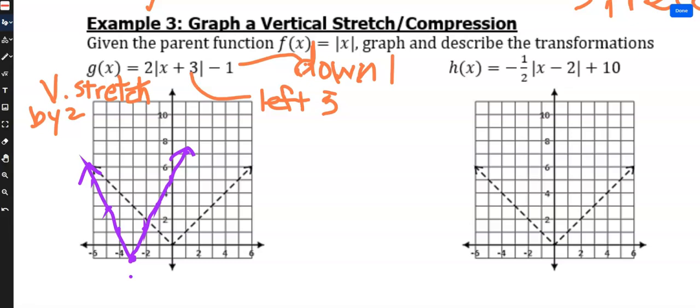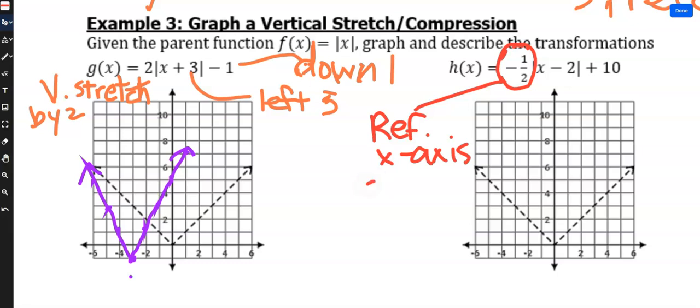On the next one over. Phew, what do we got going on here? So 2 things right here. It's a negative, right? So that's a reflection across the x-axis. So that just flips it upside down.